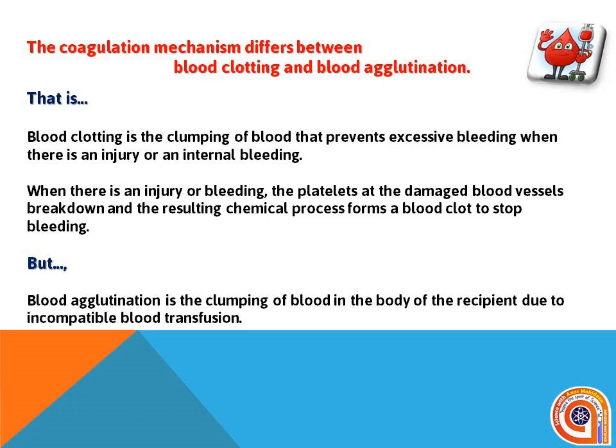So this happens in everyone whenever there is a need for blood clotting. But blood agglutination is the clumping of blood only inside the recipient's body due to an incompatible blood transfusion, maybe due to incompatibilities of blood group or rhesus factor. So this is the difference between blood clotting and blood agglutination.